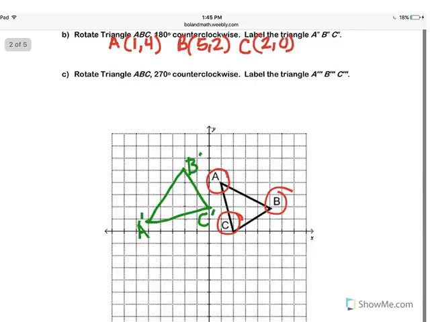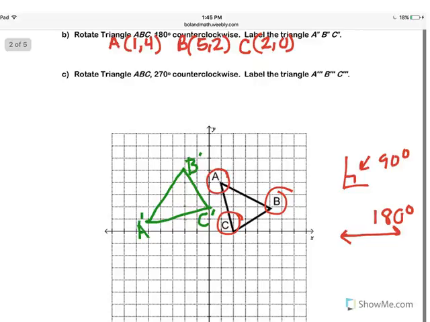Okay, and we're going to take those and rotate counterclockwise 180 degrees. So you have to think about this. When we did 90 degrees, we visualized a corner because corners have 90 degrees. Well, for 180 degrees, we can visualize a straight line.